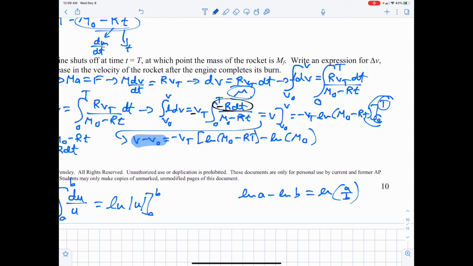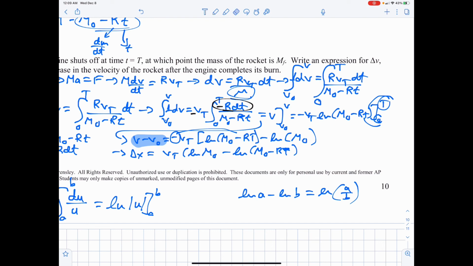But I'm going to essentially distribute that negative into both parts right here, and it's going to reverse the order of the subtraction just to make it a little easier to write. So this would become delta V equals vt times the natural log of m naught minus the natural log of m naught minus rt.